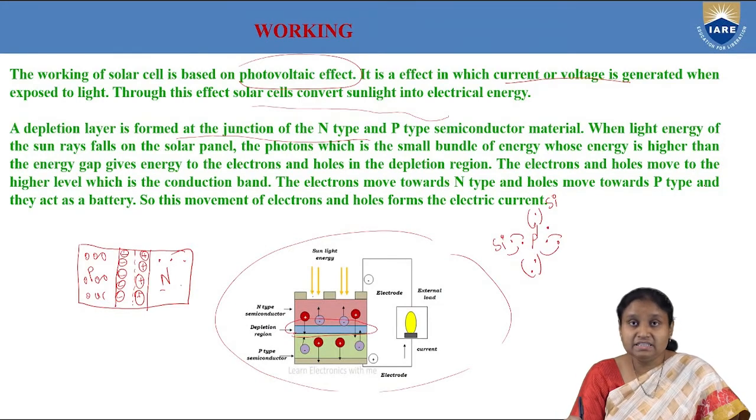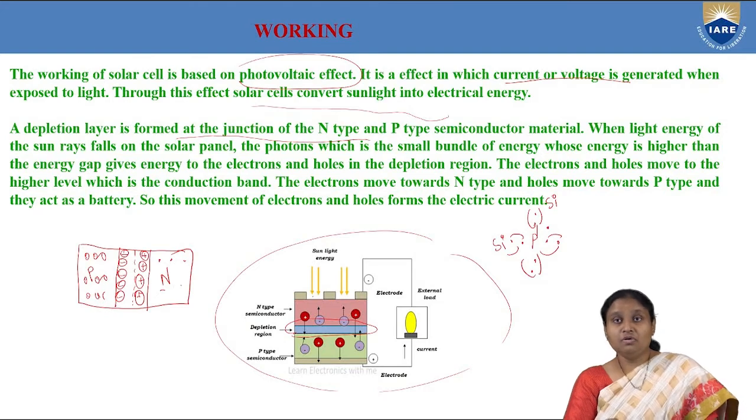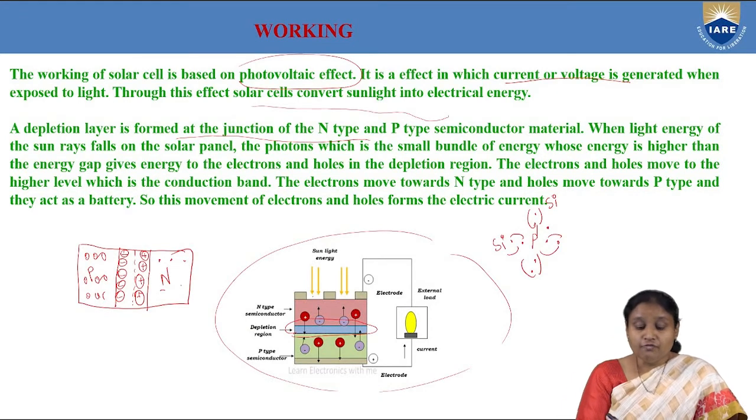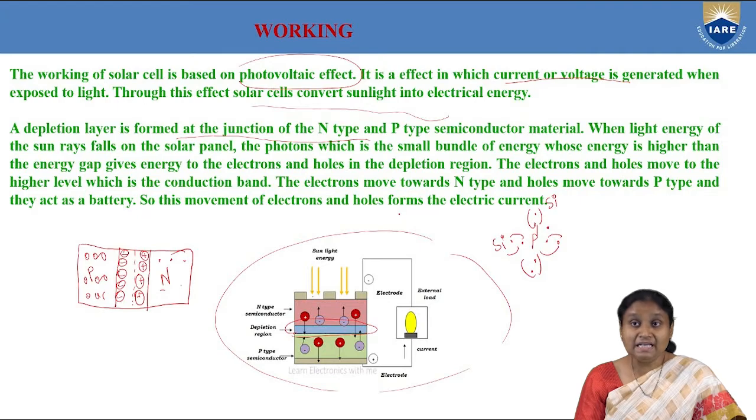And when light energy from the sun, sun rays, falls on this solar cell, and of course a solar panel or solar module is a collection of a lot of such solar cell units, then photons, which act as small bundles of energy, are going to have energy higher than the energy gap.